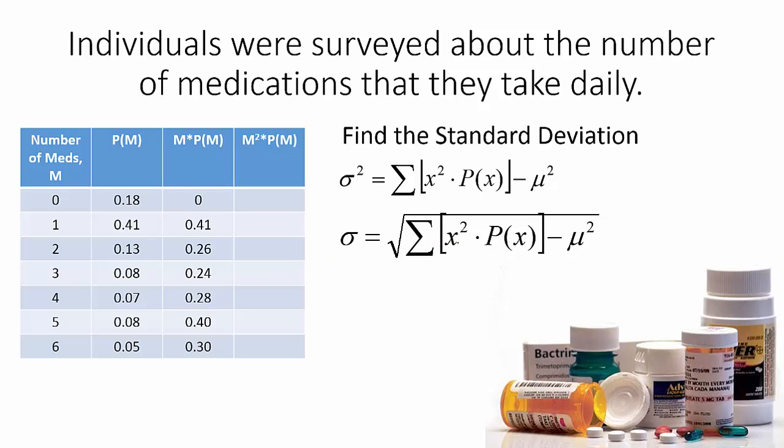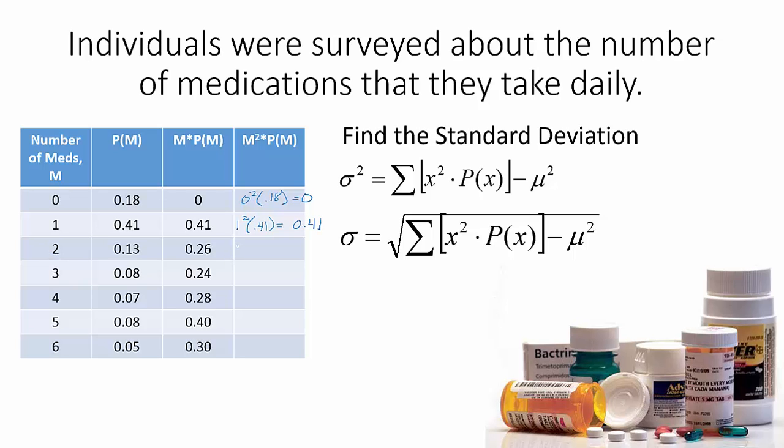So in the formula, m squared, so that would be 0 squared, times the probability, 0.18. 0 times 0, that's 0 squared, is still 0. So this would equal 0. So the next one, I do 1 squared times 0.41. 1 squared is 1, so this is 0.41.